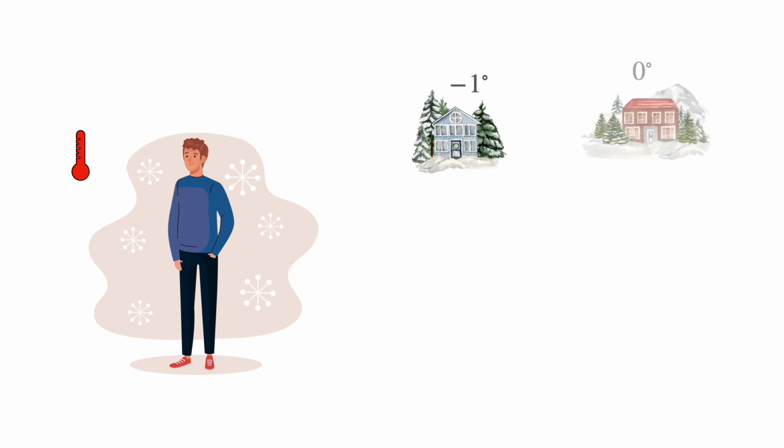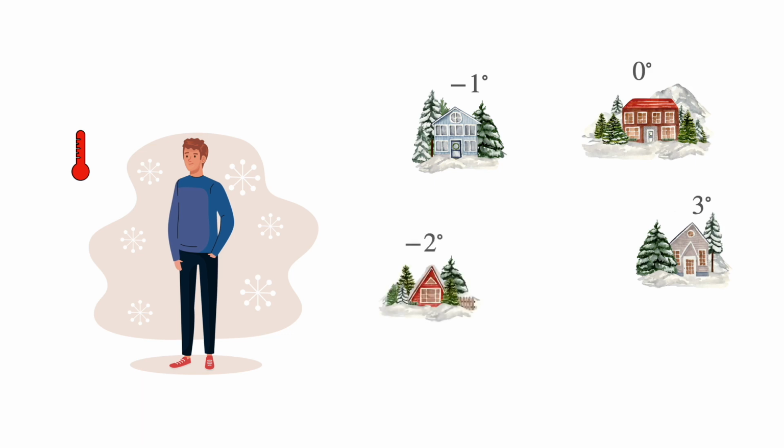He calls the second, who reports 0 degrees. The third reports 3 degrees, and the fourth reports -2 degrees. So far, so good. But now he contacts the 5th neighbor, and that neighbor reports a temperature of a balmy 100 degrees.